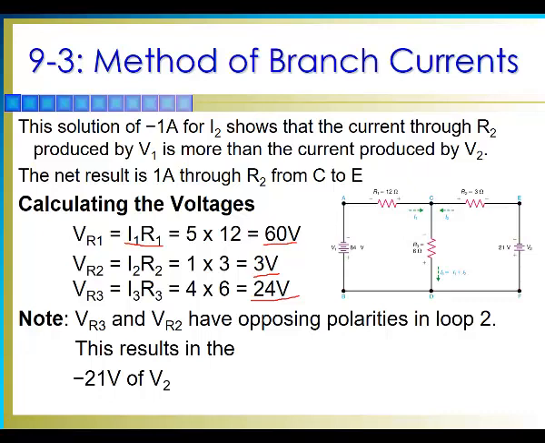So in here now we see that you can actually go around the loop again and you say 84 minus 60, then minus 24, that would be 0.